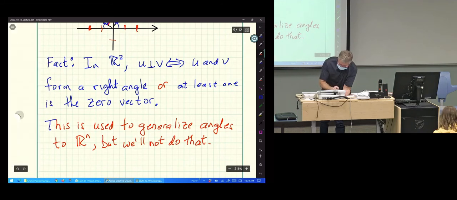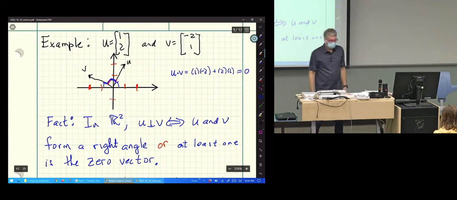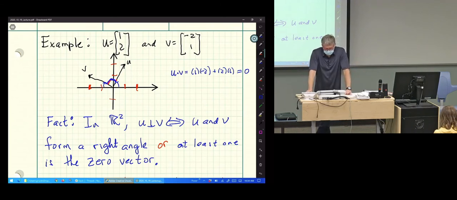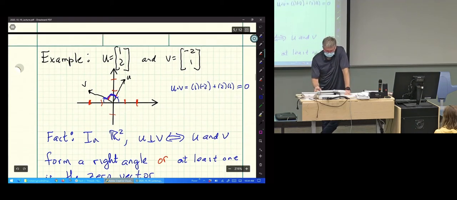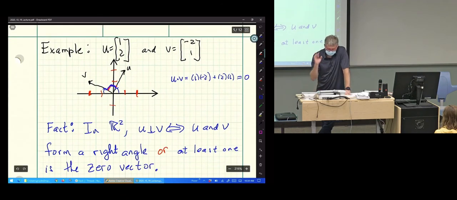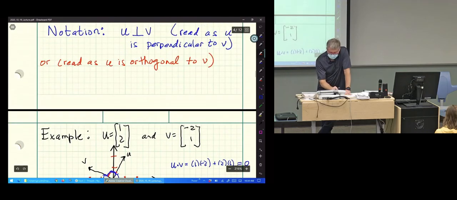You know, we have to make choices, and we're not going to pursue just angles in Rn. It's enough for us to understand right angles. But you can define the angle between two vectors using the dot product. And once you understand how it works in R2, you can use those as the basis for Rn.